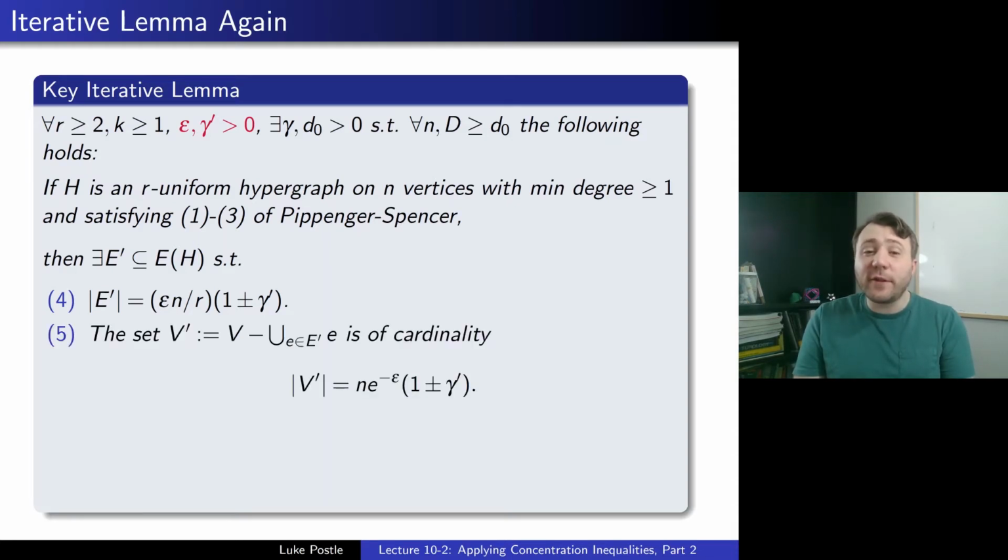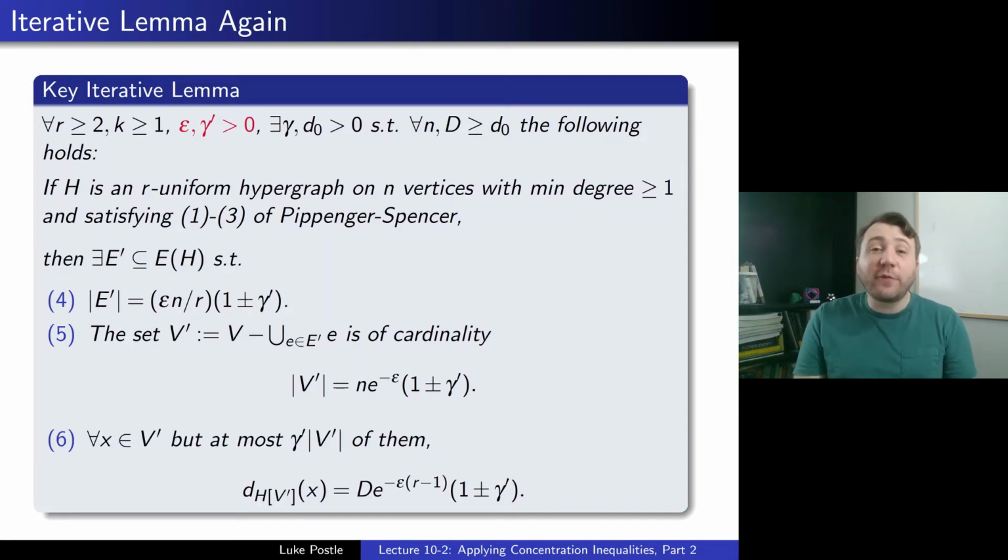That the set of vertices remaining, V prime, which is V minus the vertices covered by the edges, is of cardinality what you would expect, which if you did it out would be V prime being n e to the minus epsilon, 1 plus or minus gamma prime. And then for every x in V prime, but at most gamma prime V prime of them, the degree in the uncovered subgraph is d e to the minus epsilon times r minus 1, 1 plus or minus gamma prime.